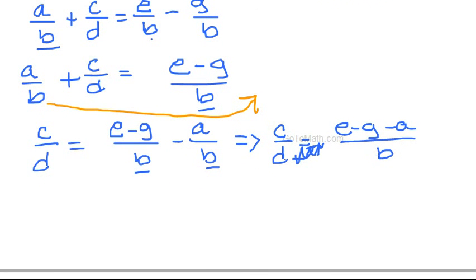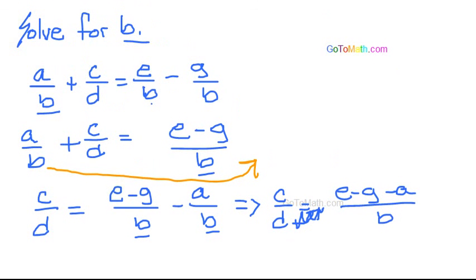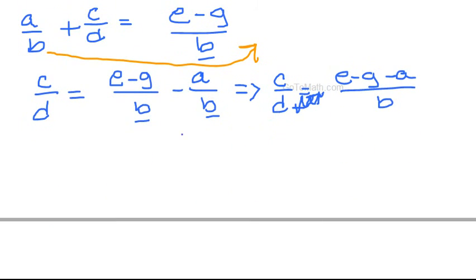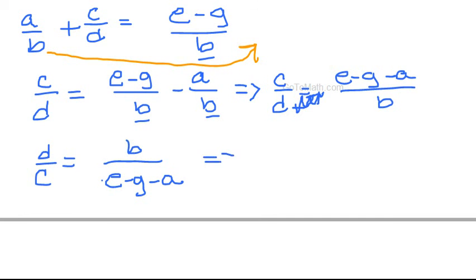And that means that what we can do here is we can flip both of these fractions. Now, I think I'll just continue this down here. Okay, so we can flip these fractions. We have D over C is equal to B over E minus G minus A. Okay, and then we can just diagonally take this stuff in the bottom up here to the top.